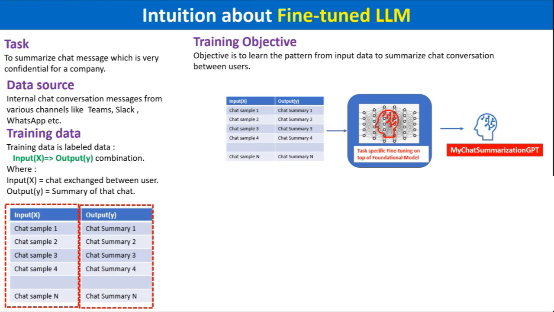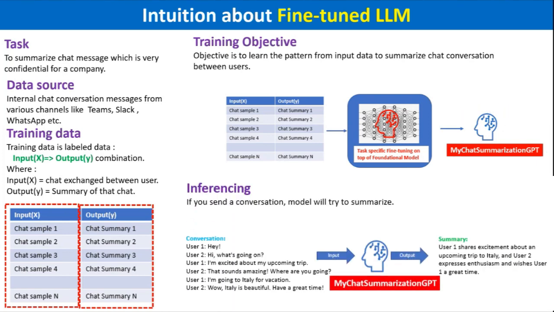Now you can test your fine-tuned model on unseen data and verify the accuracy. So by fine-tuning the language model in-house, the company retains control over data privacy and security, ensuring sensitive information remains within the organization's boundaries while still benefiting from the advanced capabilities of modern language models.